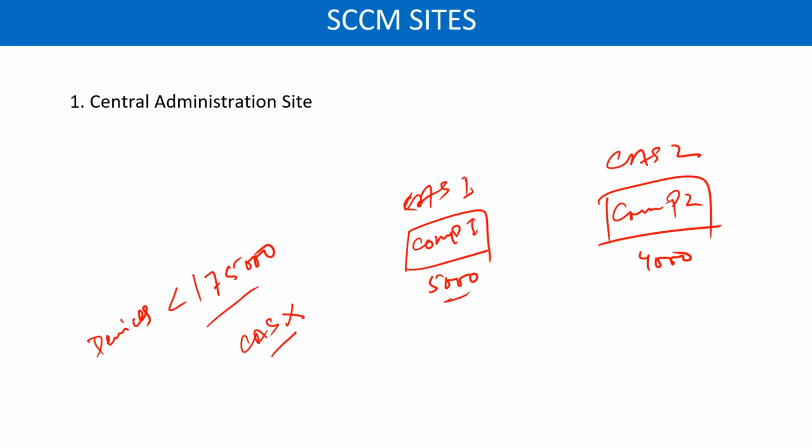But you have kept CAS, and I don't know the reason behind it. Maybe there was a special requirement. You just need a primary site, and a primary site can support up to 175,000 devices. Got it? Makes sense.